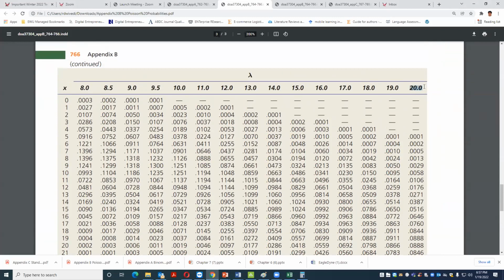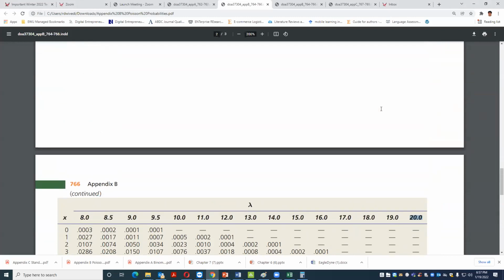So basically, these two probability distributions are very good when you have a small lambda or a small sample size when you are doing binomial.